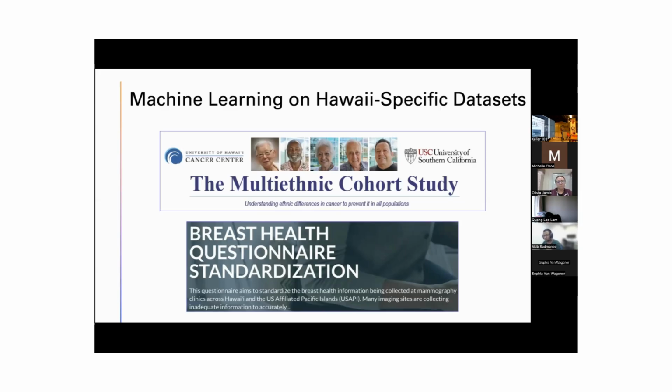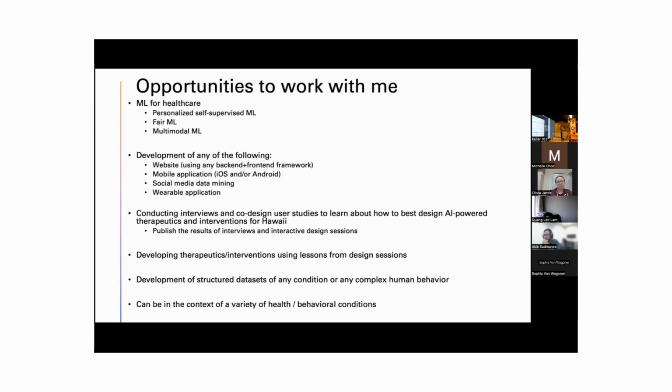These are great data sets, looked at in particular for the FAIR machine learning projects, among others. So sorry, that was an hour of all these different types of projects that you could work on.